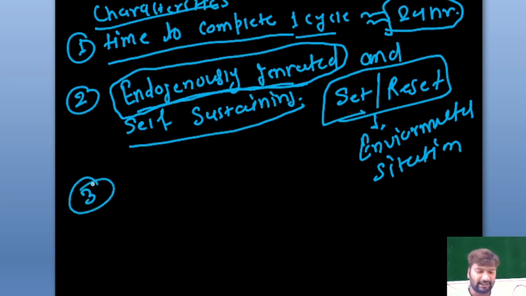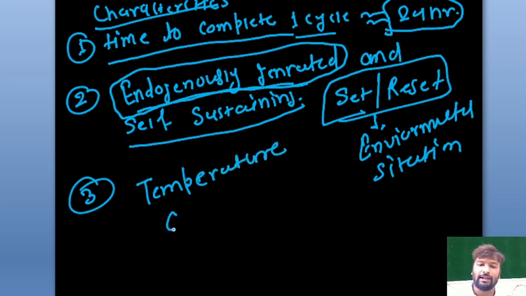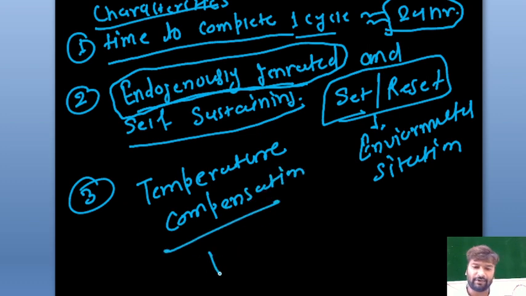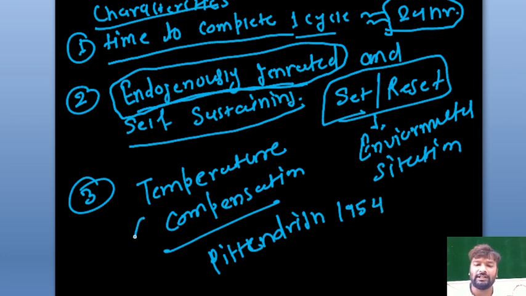Then what is the third character? They have temperature compensation, and this was given by Pittendrigh in 1954. So what is the meaning of this temperature compensation?